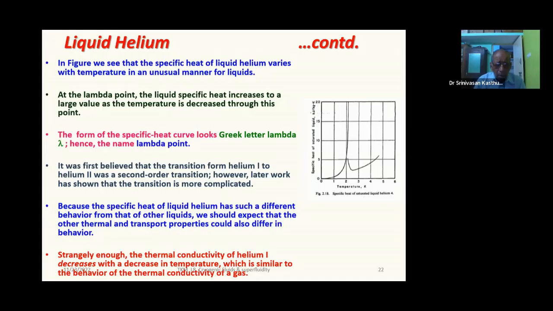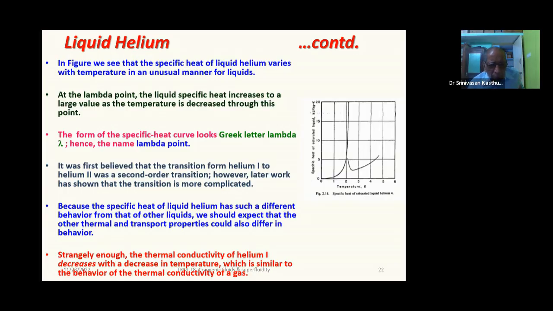Okay. Now, in the figure, you can see the specific heat of helium is plotted, and it looks like the Greek letter lambda, and therefore the transition is called the lambda point transition. At the lambda point, the liquid specific heat increases to very high values as the temperature decreases through this point.